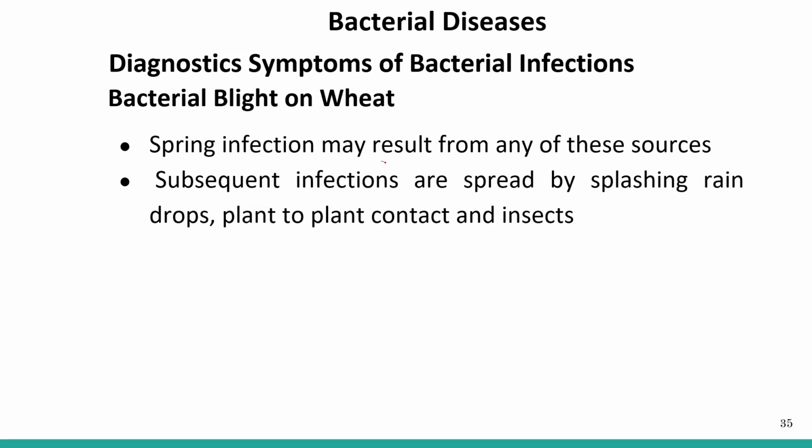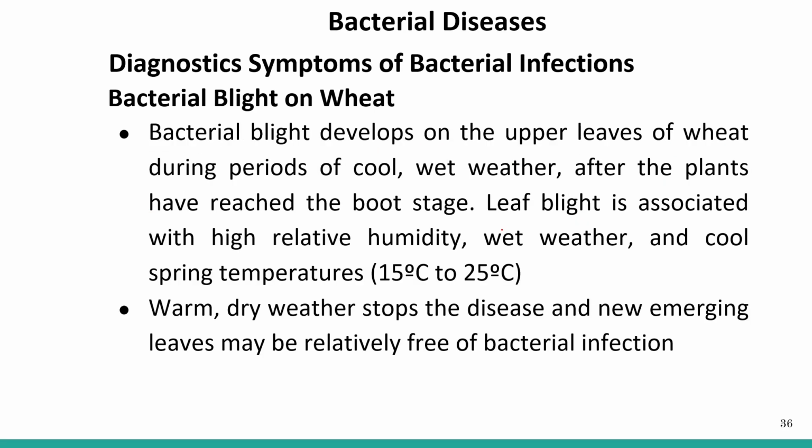Spring infection may result from any of these sources, and subsequent infections are spread by splashing raindrops, plant-to-plant contact and also with the help of insects. The main thing is that rain splash spreads this particular disease. Plant-to-plant contact can also help spread the disease, and insects are also agents of spread.